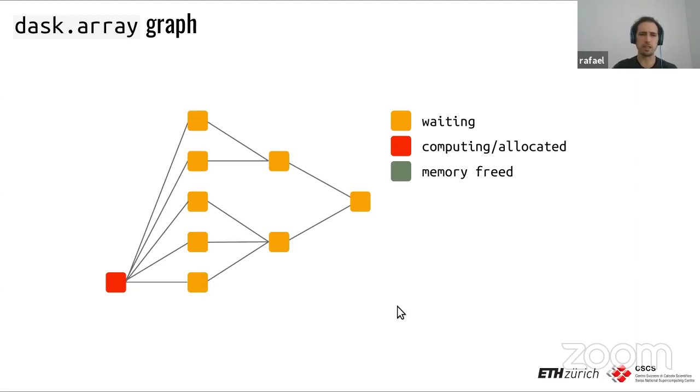In that case, Dask will run these 3, and when they are done computing, it will pass them to the next step. It will get some output from it, and the memory is going to be freed. So these things are already computed, and the memory was released. Now you have space to do more calculations because all these 3 were released.